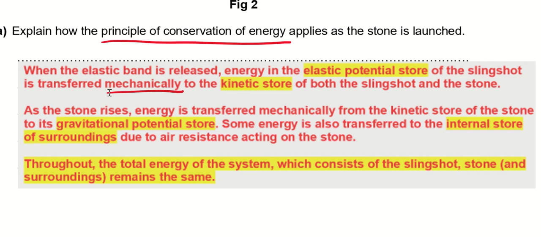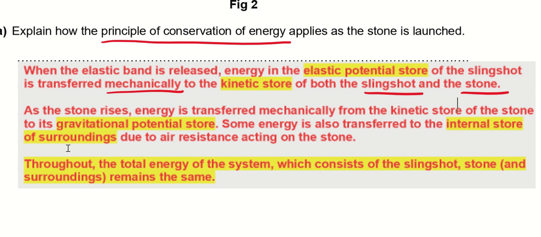So this is by mechanical way. Okay, it's transferred mechanically to the kinetic store of both the slingshot and the stone, right? Because the slingshot will also be moving, the stone will also be moving. Therefore, if they are both moving, there is energy that is being transferred to the kinetic store of both the slingshot and the stone. So it is very important to write who possesses all this energy, whose store is the energy being transferred to.